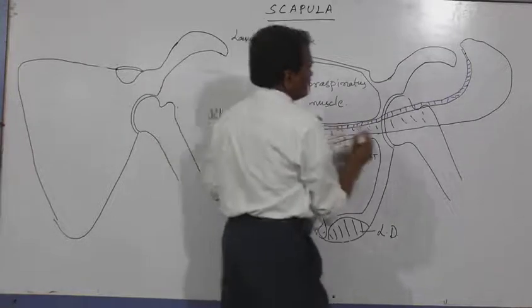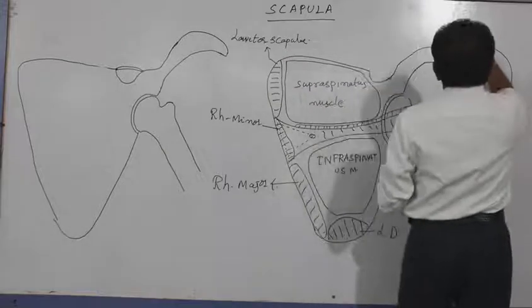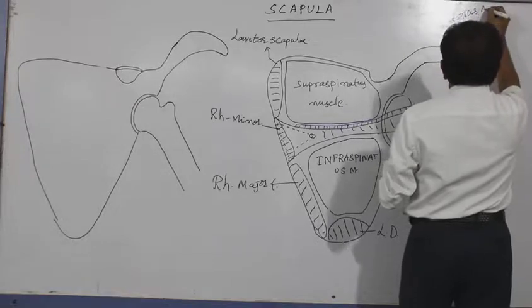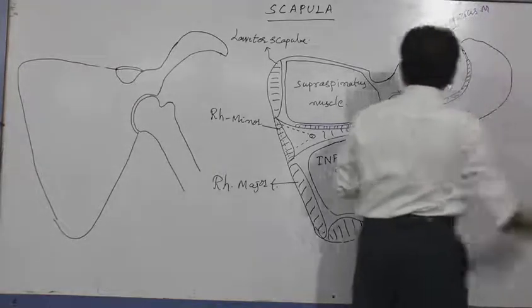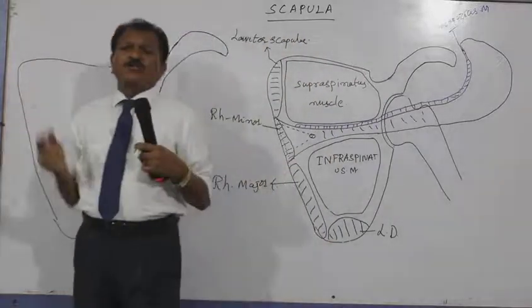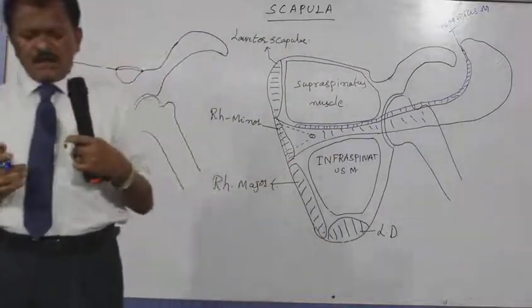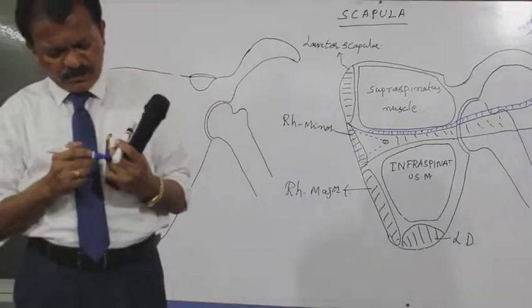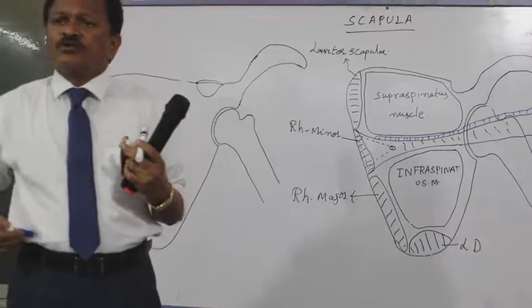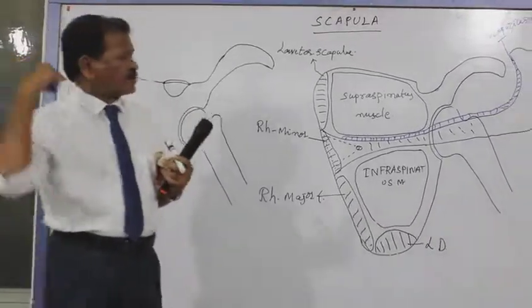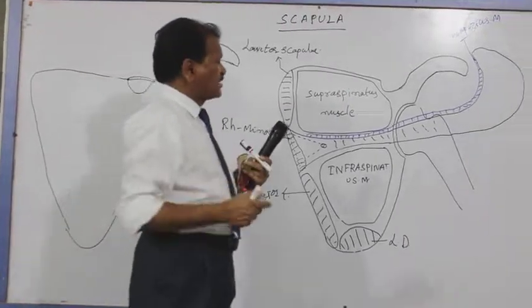The trapezius muscle origin takes place from the occipital bone, the external occipital protuberance, the medial part of the superior nuchal line, the ligamentum nuchae, the seventh cervical spine, and the supraspinous ligament.